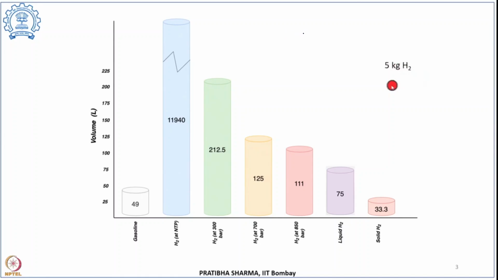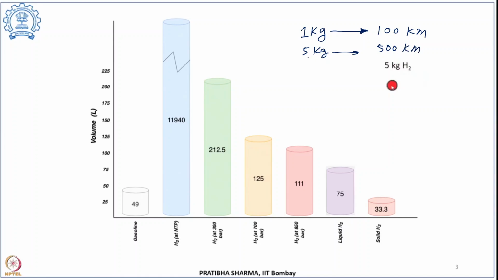Let's consider 1 kg of hydrogen for your bike. With 1 kg of hydrogen, it will go around 100 kilometers. For 5 kg of hydrogen, the mileage will be 500 kilometers.